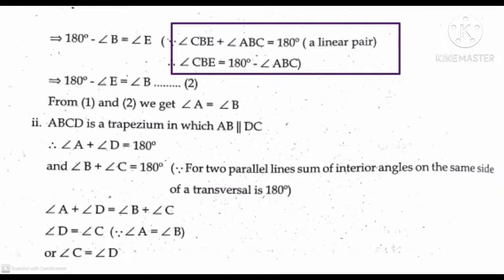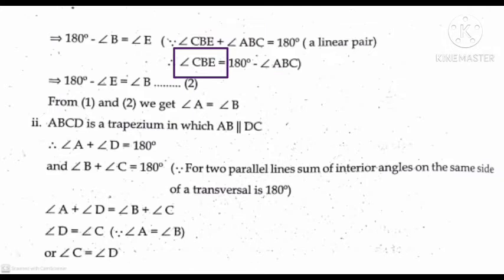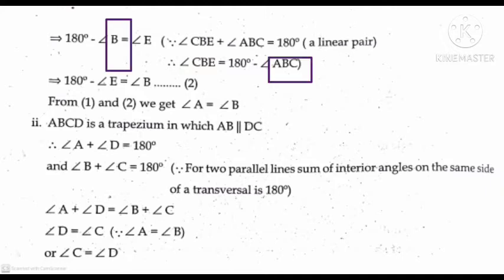Here angle CBE is equal to angle CEB, so we can write angle E equals 180 degrees minus angle B. That implies 180 degrees minus angle E is equal to angle B. It is equation 2. From 1 and 2 we get angle A equals angle B.